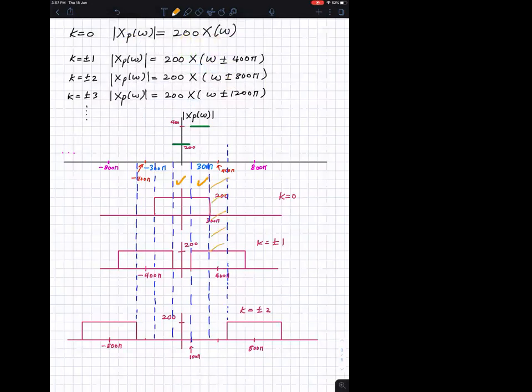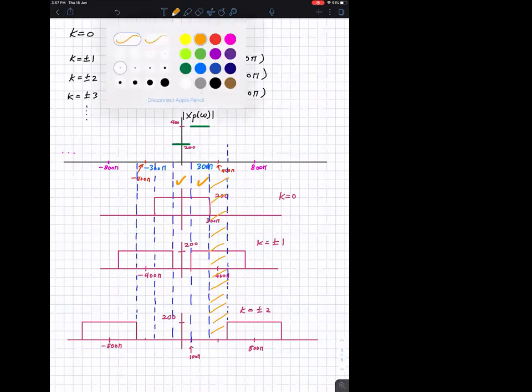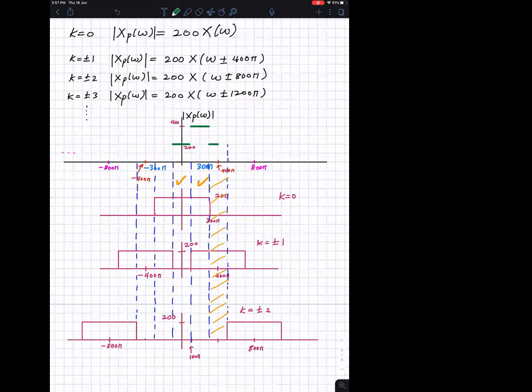Just look at the positive side first, on the positive frequency. 0 amplitude, yes, 200. 0 plus 200 is 200, 0 amplitude. So the net is 200. Okay, that's how you do it.